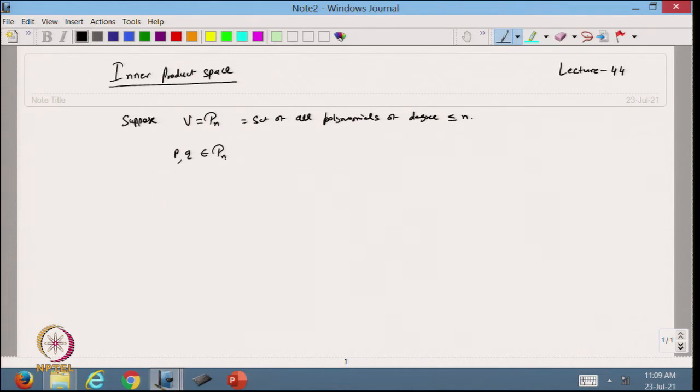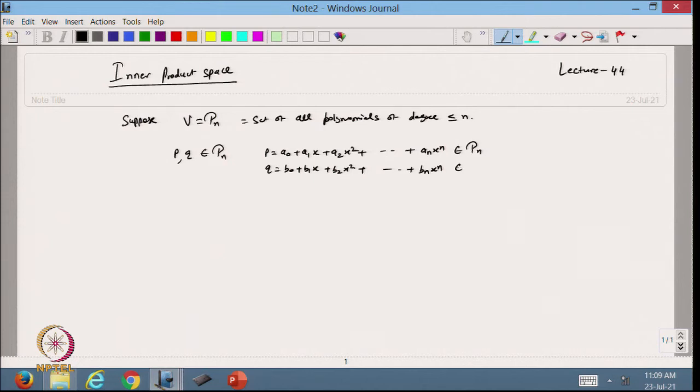Suppose my p is a0 plus a1x plus a2 x square up to an xn. So, this is one of the polynomials that belongs to the set of polynomials Pn. I take another polynomial as b0 plus b1x plus b2 x square up to bn xn.